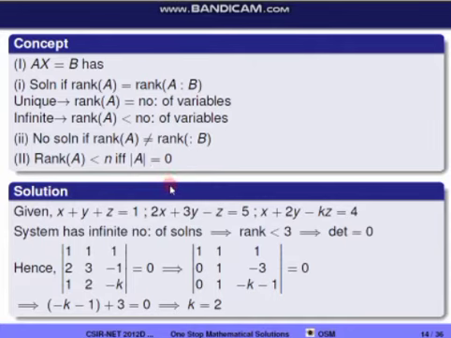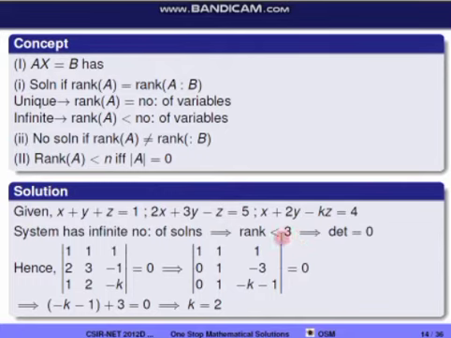So they have given the system, and we have to find the value of k for which the system has an infinite number of solutions. We know the system has an infinite number of solutions means the rank of the coefficient matrix A should be less than the number of variables, which is equal to the number of columns, equal to 3.